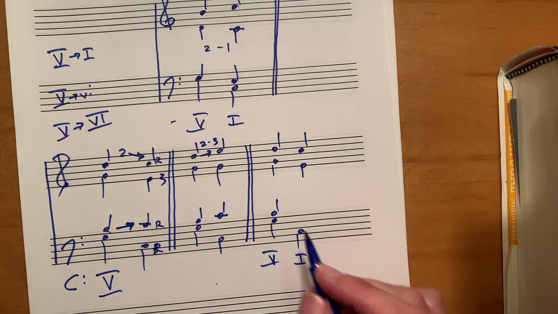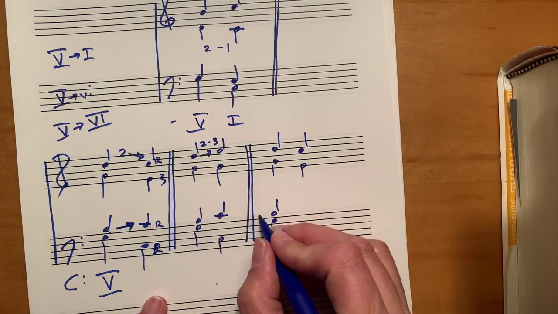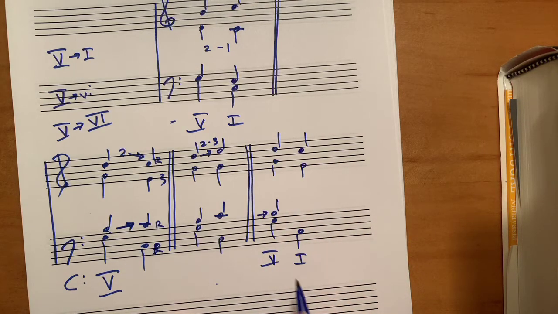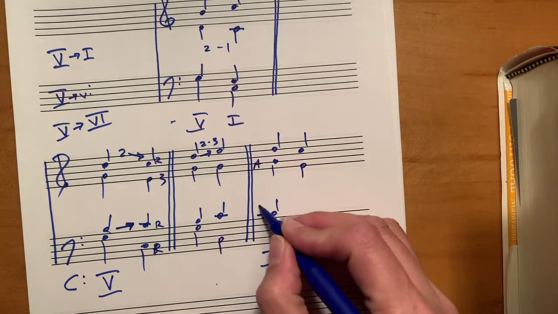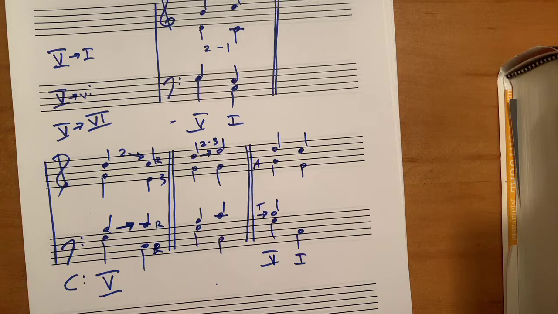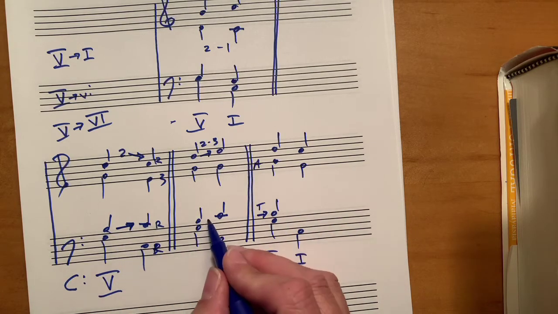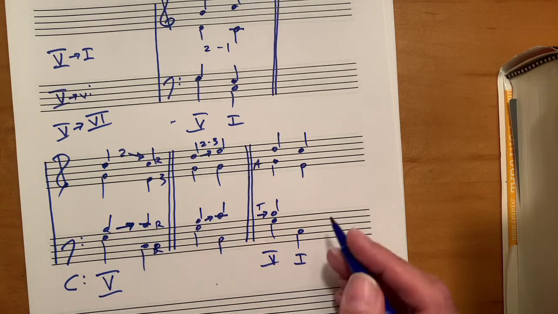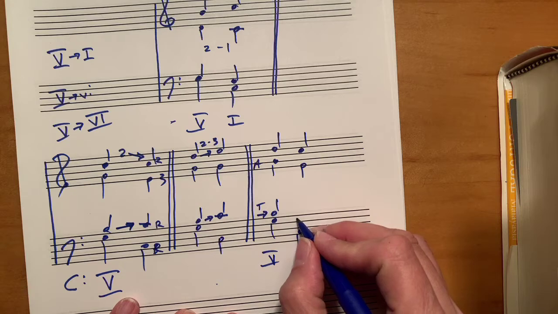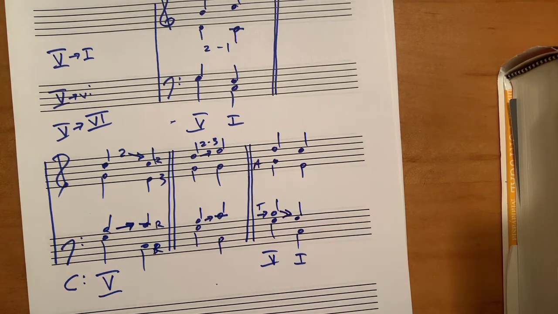Now, this is something you can do when you have the leading tone in an inner voice, meaning in either the alto or the tenor. You can do what's called frustrating the leading tone. Remember, the leading tone wants to go up to tonic, ti-do, ti-do. If it's in an inner voice, we can actually do this and not let it go where it wants to go.